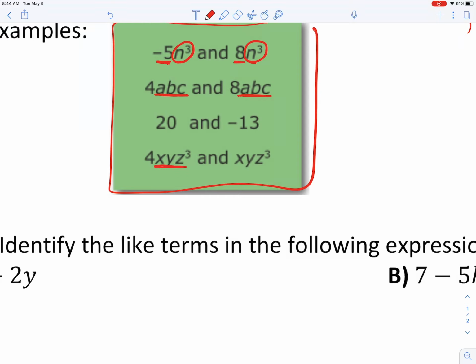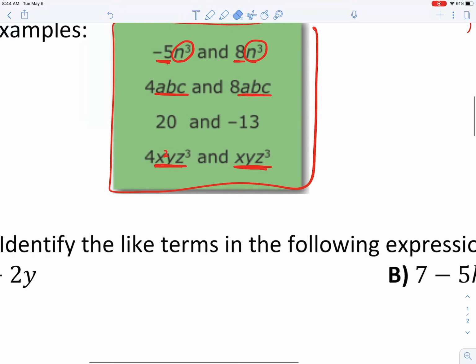And then this one, 4xyz to the third. This looks crazy, but xyz to the third is the same as xyz to the third. Now, if there was a little exponent right after the x, then they would not be like terms. Okay, so they have to have the exact same letters there.